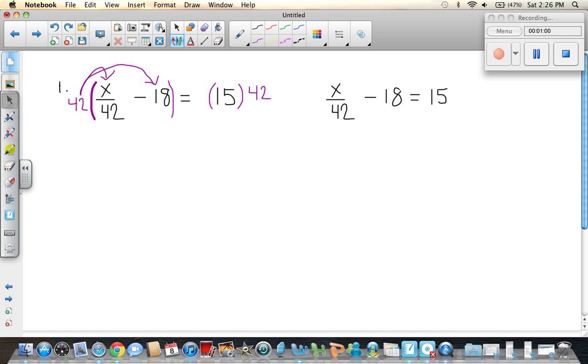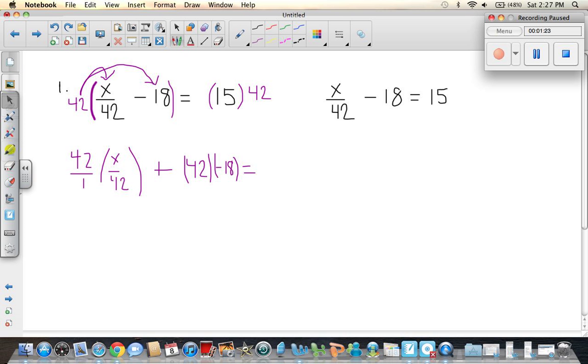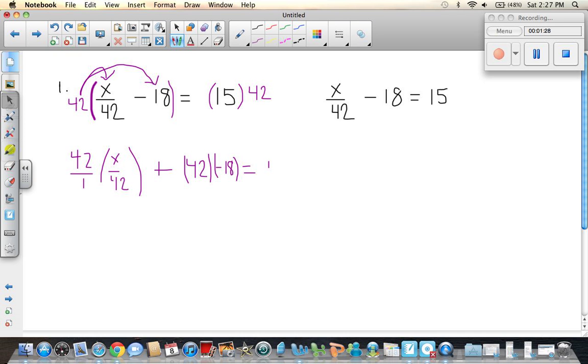So when you multiply by 42 over here, we're going to end up with 42 over 1 multiplied by x over 42. And then we're also going to have 42 times a negative 18. And then on the other side, we have 15 times the 42.